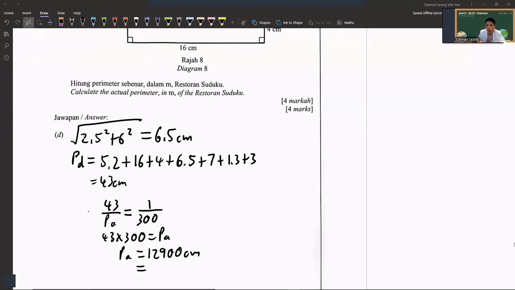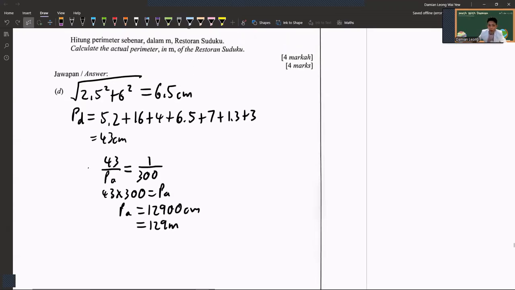So we have to convert to meters. Convert it back to meters, 129 meters. Just like that. That's for question 16.